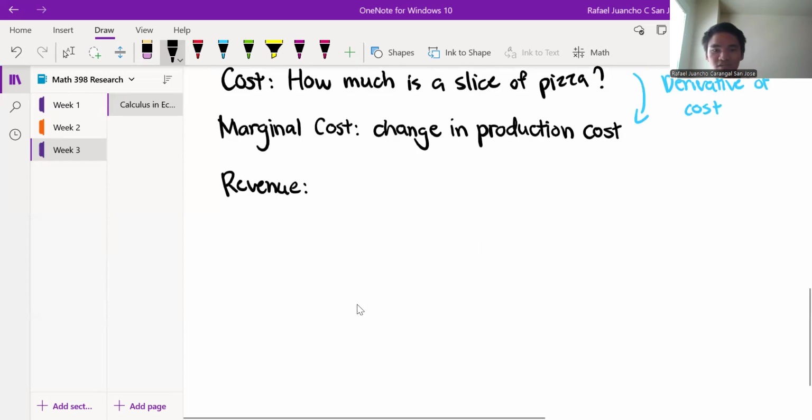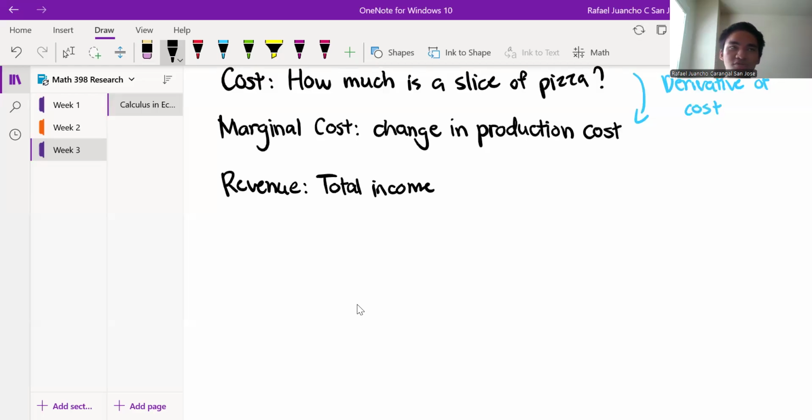So what does that mean? Basically, it's the total earning, the total income. Income means the money you get. So let's say I sold this many pizzas for this price, then that's my revenue.